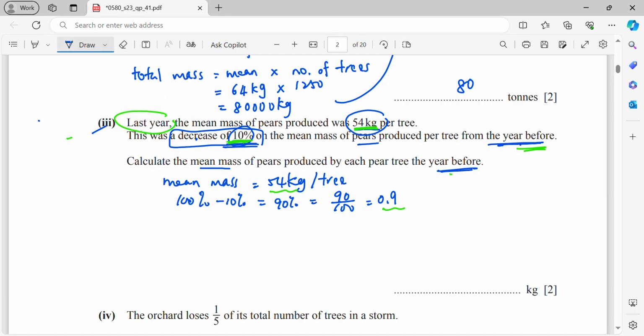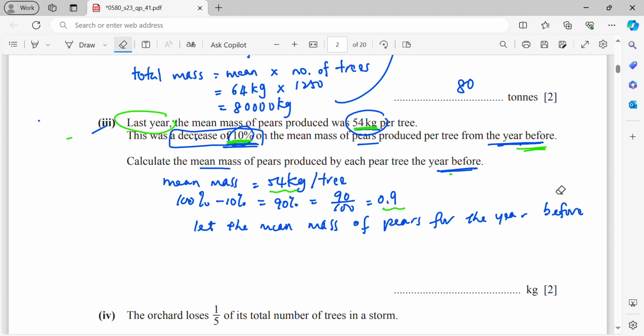That means you will just say, let's say I define the mean mass of pears for the year before equals x.